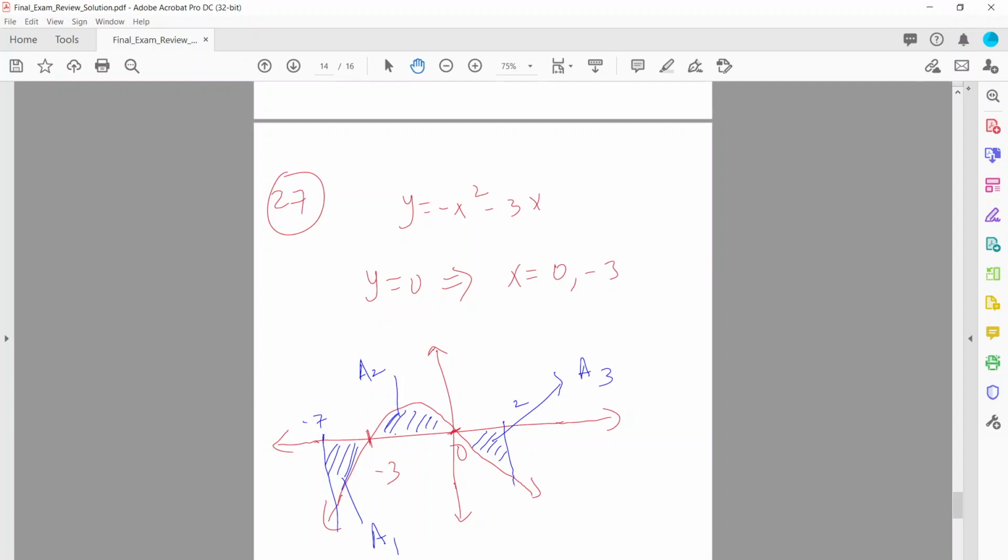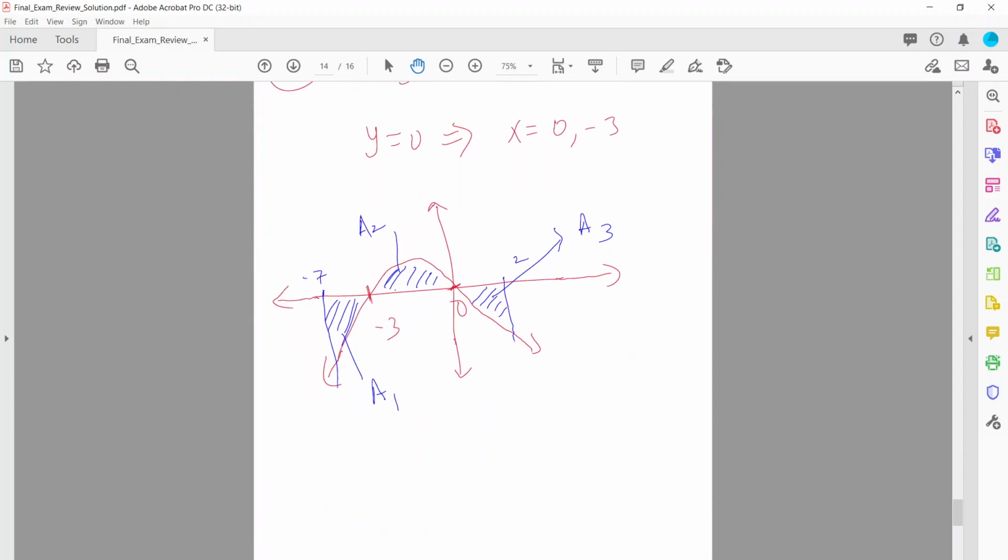If your region is below the x-axis, and you find the integration of this function from negative 7 to negative 3, that integration gives you a negative value. You just have to make that integration positive. So for finding the area, A1 can be found by making the integration positive.